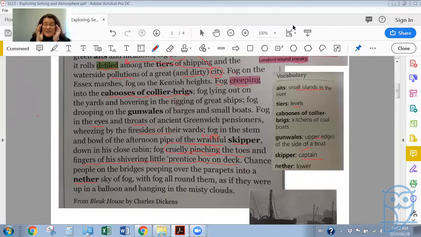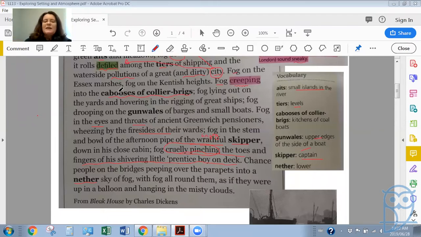It's almost like they have to try and make their way out of the fog. Peering almost. They're peeping over the parapets, trying to see where they're going, or looking down at how bad the fog is beneath them perhaps. And it's strange that they're looking into a lower sky of fog because it's so dense. The fog is so dense everywhere. Even if they look down, it's like a sky of fog. That's how dense the fog is.